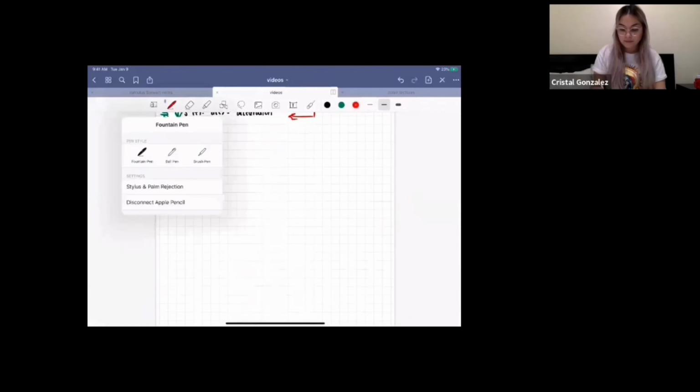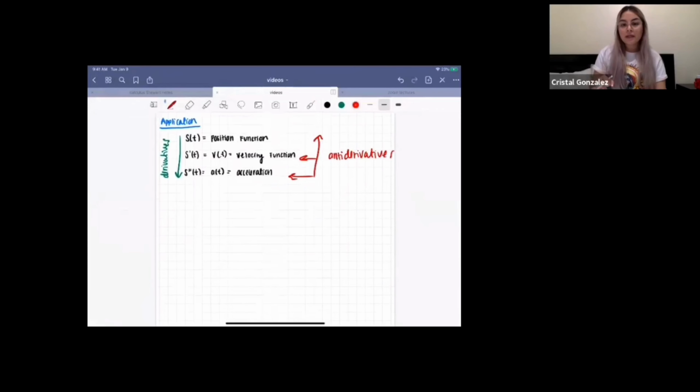Okay. I like this application because it's not something really new. You already knew all of this. You knew the position function. You knew that the velocity was the derivative of the position function and the acceleration was the derivative of the velocity function. And now when you're doing antiderivatives, you just have to flip everything.